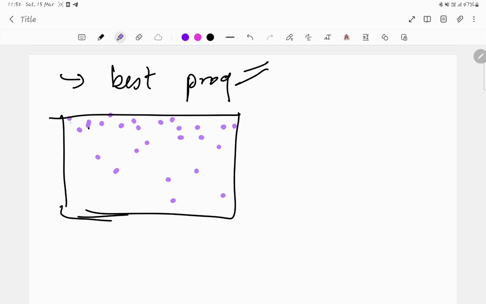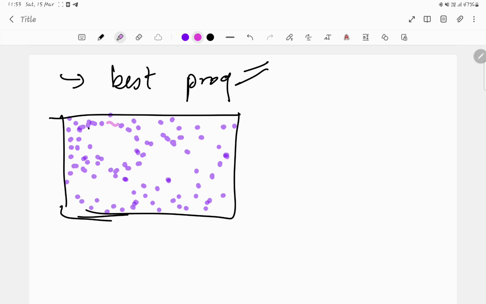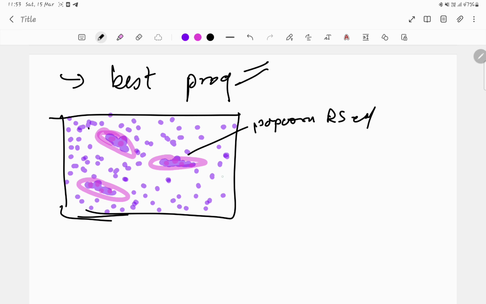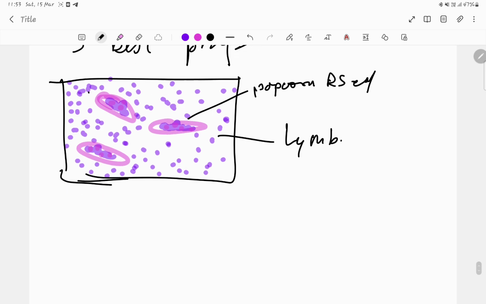Again, it is lymphocyte predominant, so a lot of lymphocytes will be seen. Now these are the popcorn RS cells, rich in lymphocytes.